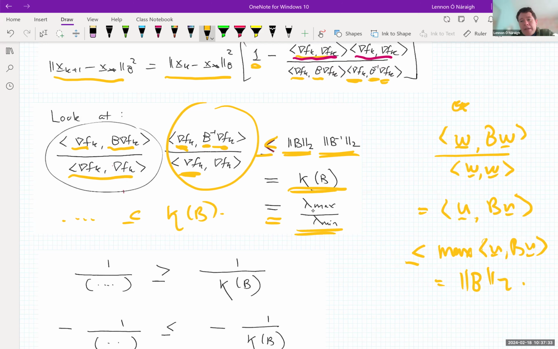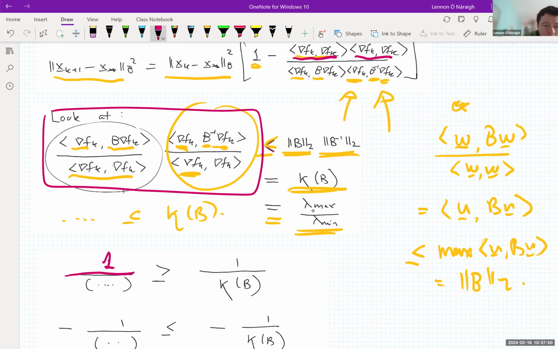And now we just have to be careful with all of the directions of our inequalities, because going back up to this previous expression, it's 1 over this. So whereas before the inequality was less than or equal, we're inverting, so now it's greater than or equal to 1 over kappa b, the condition number.